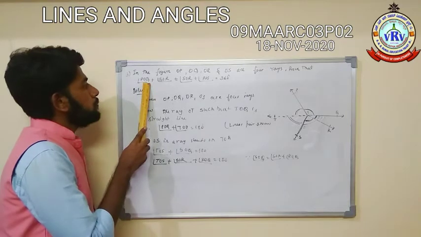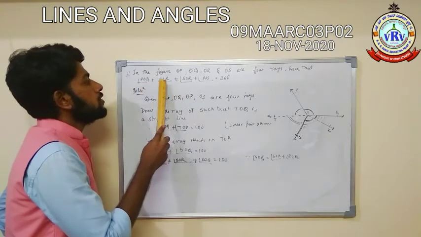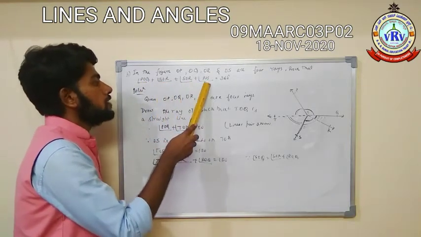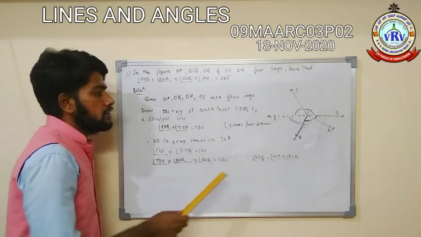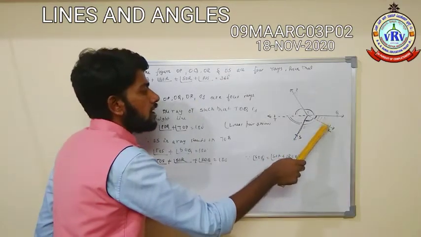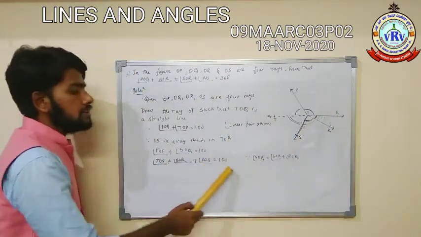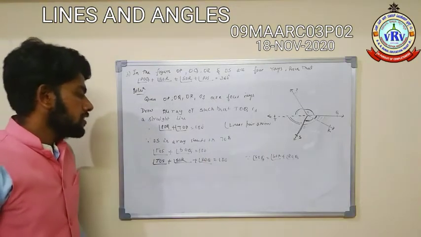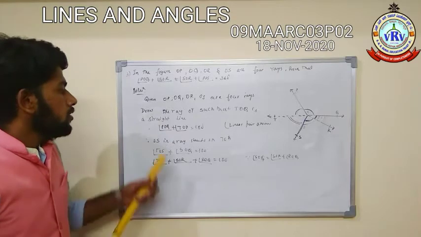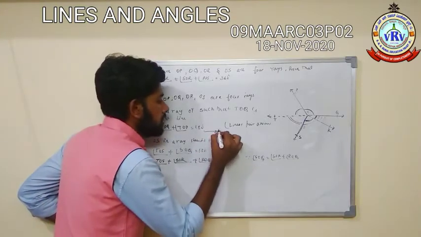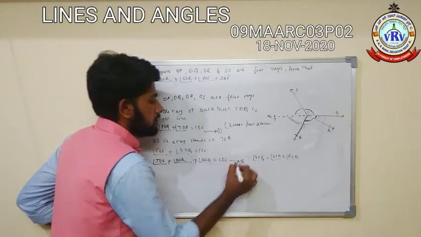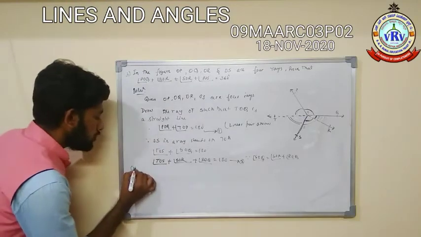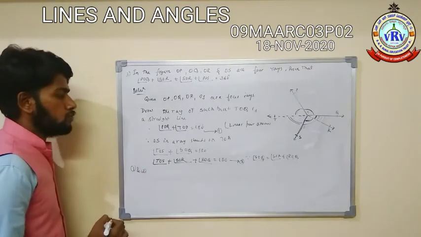We have to prove POQ plus QOR plus SOR plus POS is equal to 360. So I require SOR and ROQ to be there in our equation. After substituting this, take this as equation number 1, take this as equation number 2. Add 1 and 2.